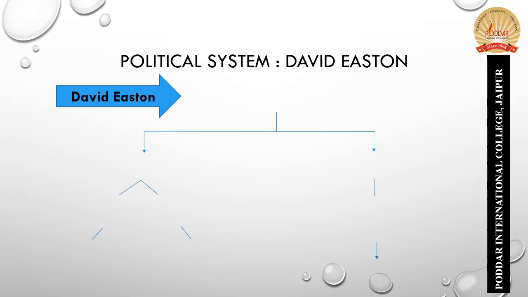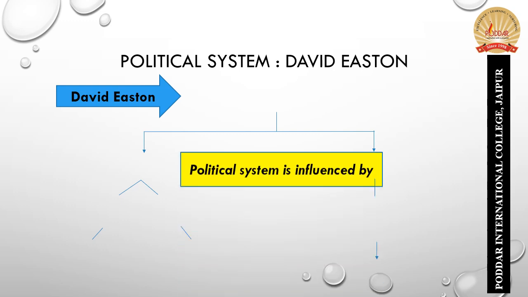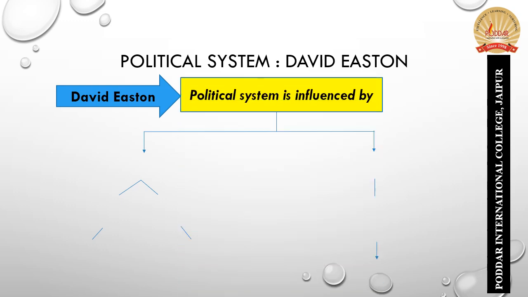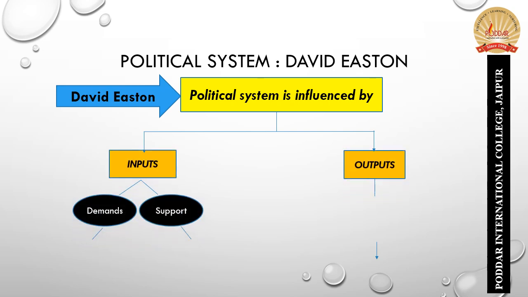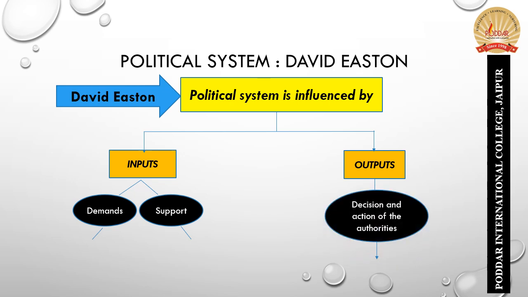Easton provides a model of political system which is really a system of conversion of input into output. The political system is influenced by two functions: first is input and second is output. Input has demand and support, and output has decisions and acts of the authorities like policies, legislation, laws, etc.